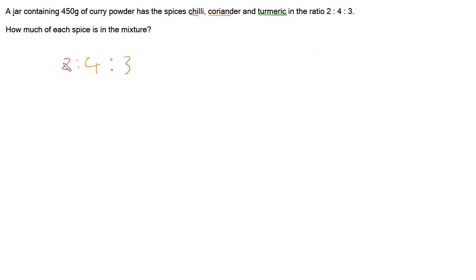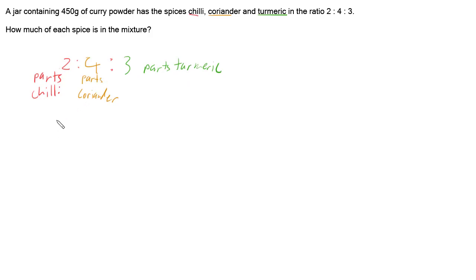So our chili represents 2 parts of the curry powder. The coriander represents 4 parts, and the turmeric represents 3 parts.